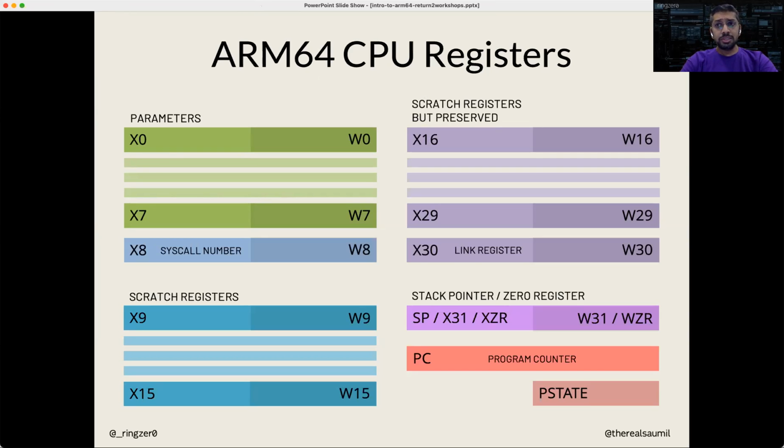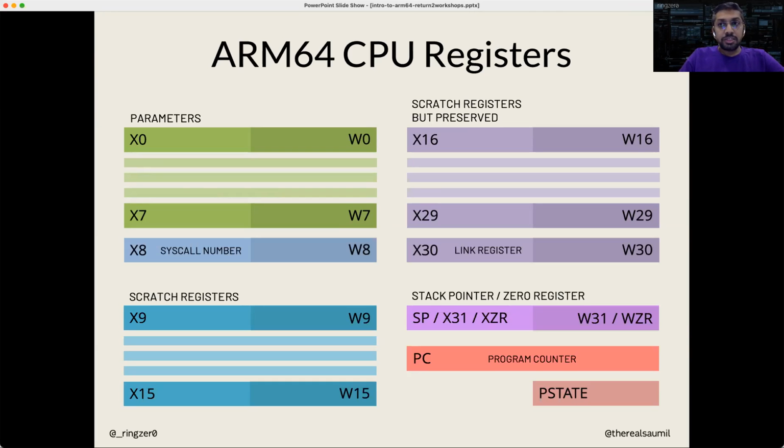Now, what do you want to use registers for? You'll use the registers to do your computation. And if you look at the most fundamental building block of a program, it is the function. In the simplest terms, a program is nothing but a collection of functions or subroutines which get called here and there. So registers are also used for handling functions. And when it comes to functions, we have to pass parameters to functions.